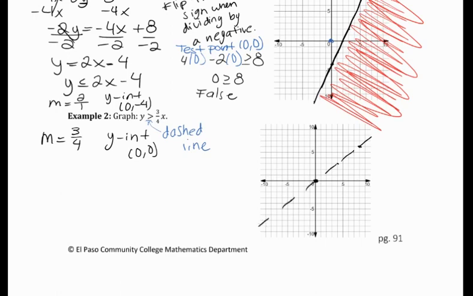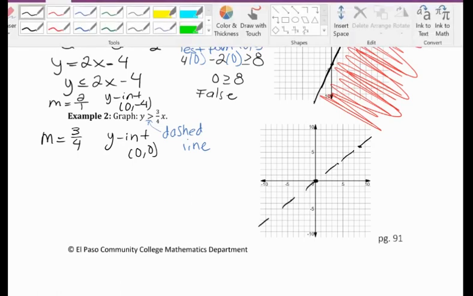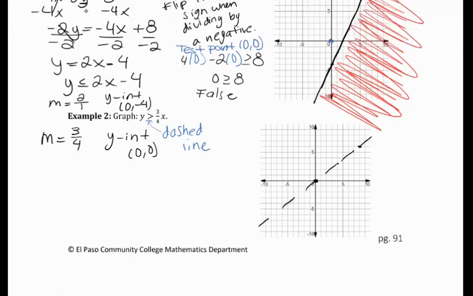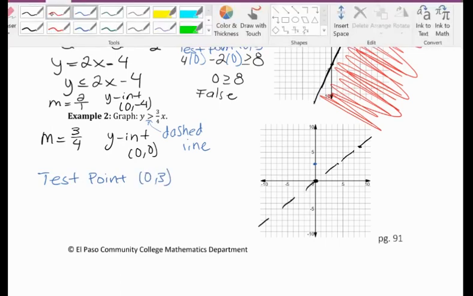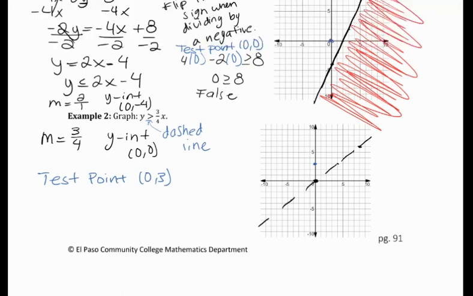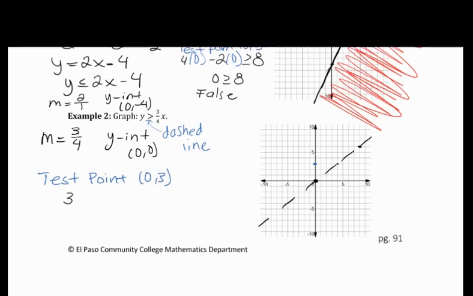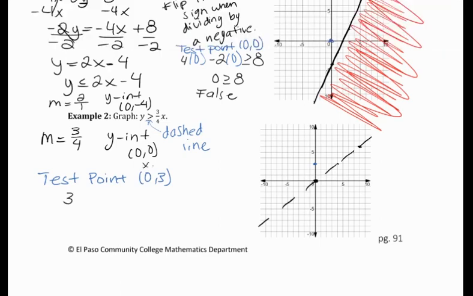And then we're going to go ahead and choose a test point on one side of the half plane. It doesn't matter where. Let's go ahead and choose 0, 3. We check on the original inequality. So we're going to have 3, which is my y. Remember, this is x and this is y.